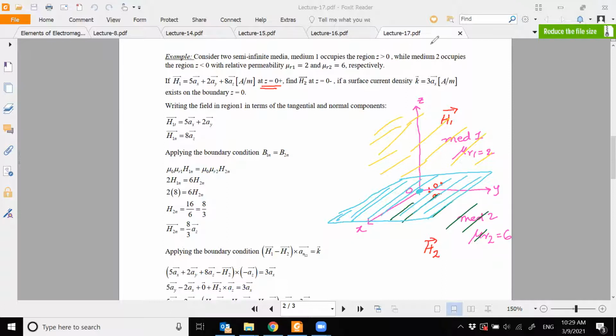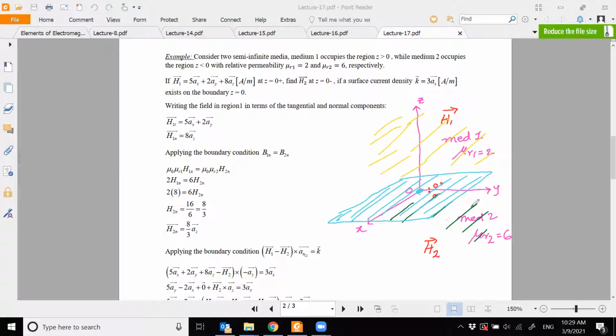I have seen in the quiz that more than 40% of the students are unable to identify which is the normal and which is the tangential component. So visualizing is very important. Once we visualize, half of the problem, I believe, will be solved.